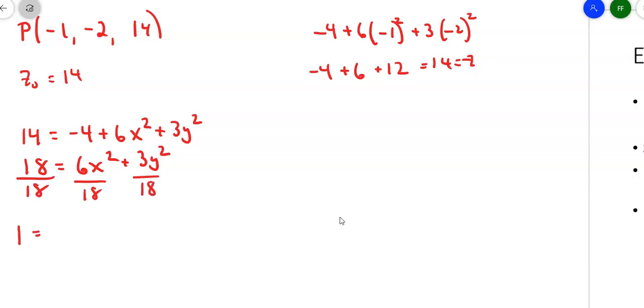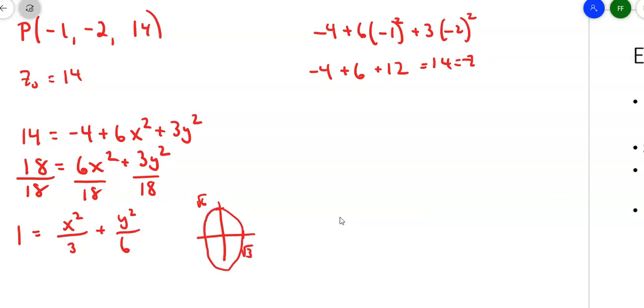So this is going to give me 1 equals x squared over 3 plus y squared over 6. Okay, it's an ellipse. The y values are the higher ones, so it goes up to plus and minus the square root of 6 this way, goes to plus and minus square root of 3 that way. All right, there's my ellipse. Not a fantastic ellipse, but it's an ellipse.